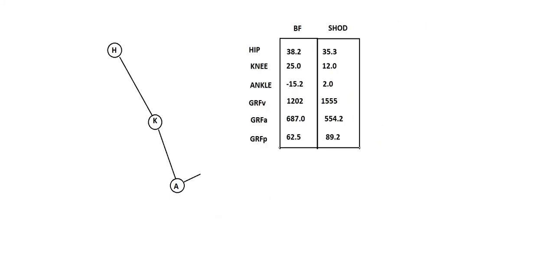So let's move on to thinking about what our data may potentially mean once we've done our statistical testing. What I have here in this little makeshift table is our two conditions, barefoot and shod, some kinematic data for the hip, knee and ankle, so the flexion extension at initial contact for each of these joints, and the kinetic data, vertical, anterior and posterior ground reaction force.